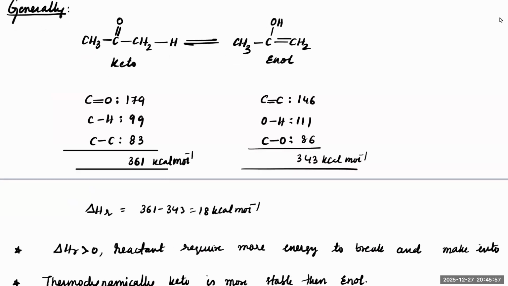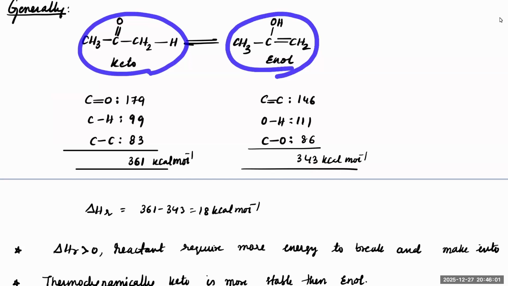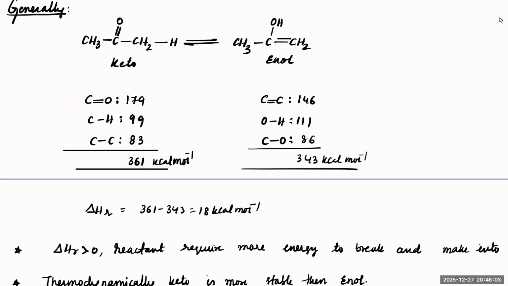Now, notice something. Generally, when it comes to conversion of ketone to enol, basically what you're doing is trying to break a bond between carbon and oxygen. I mean, you're breaking a double bond and making it a single bond. So that means there is a disturbance in the bond here and here.